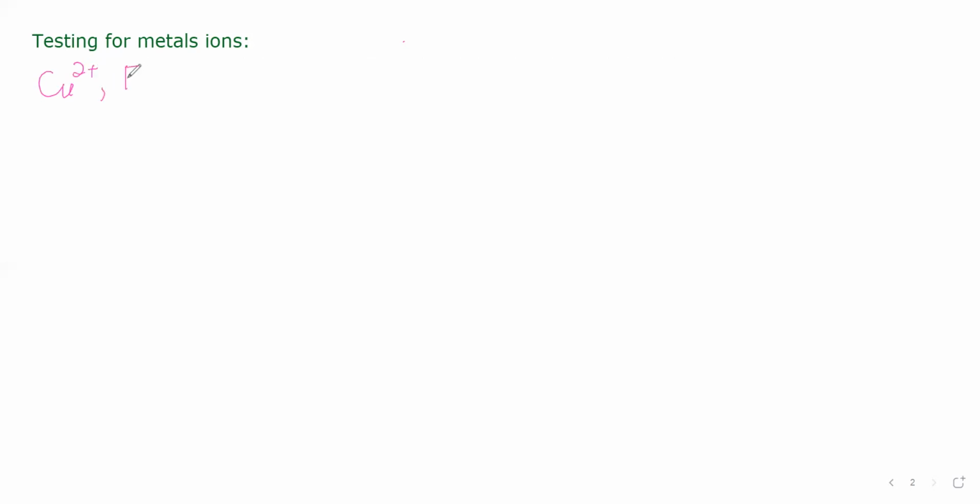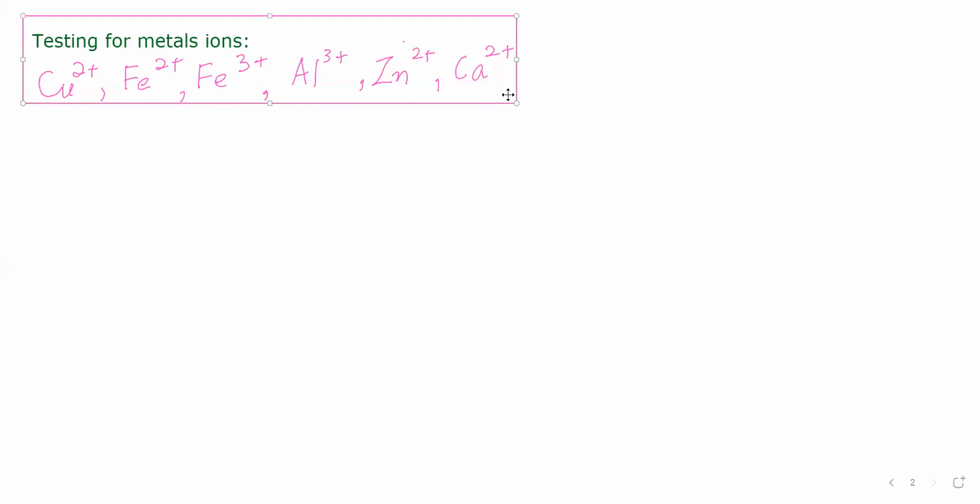Then iron 2 plus, and iron 3 plus as well. Then aluminium, whose valency is 3 plus. Zinc, which is 2 plus. And calcium, which is 2 plus. So these are the metal ions that we are going to identify.